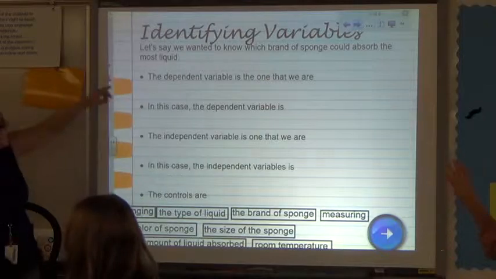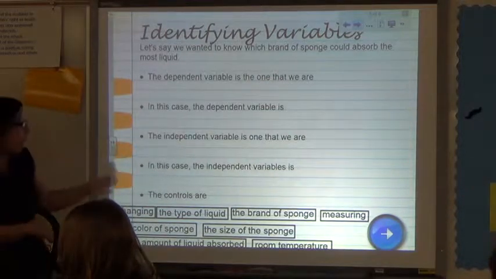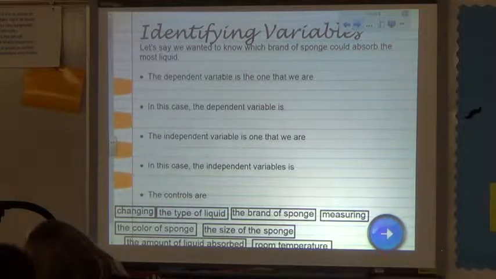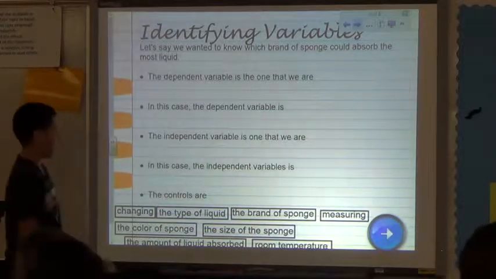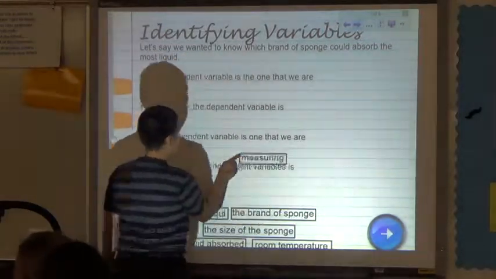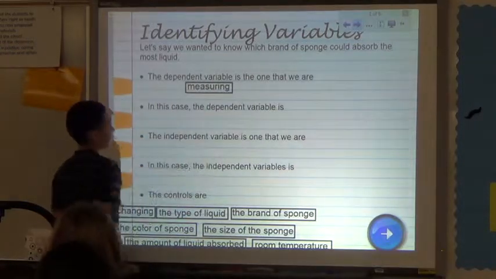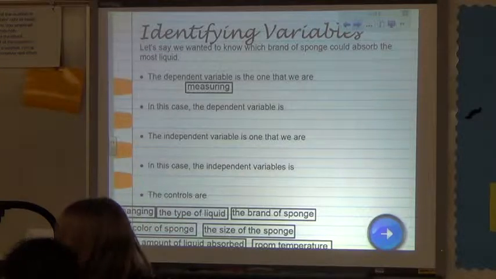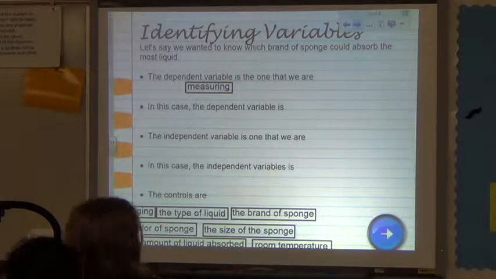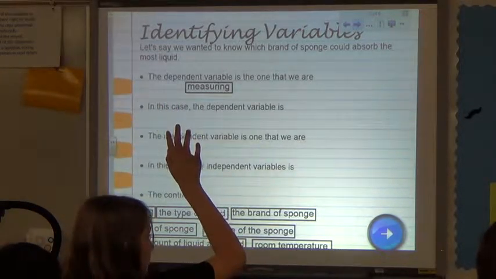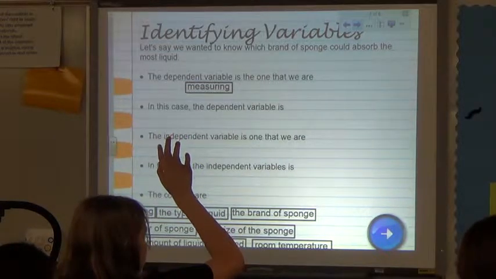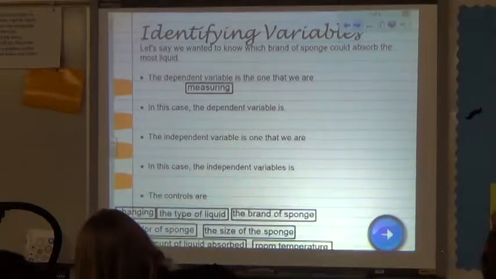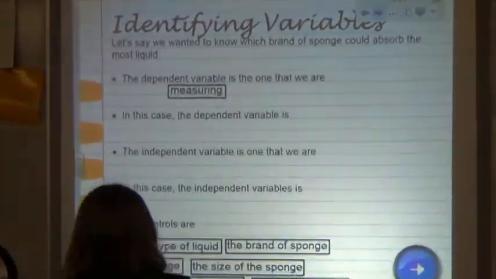Aaron, the dependent variable is the one that we are, and what are you doing? And we're not going to make comments until the end. In this case, the dependent variable is the, Talia, go up ahead, or go up there and move it.